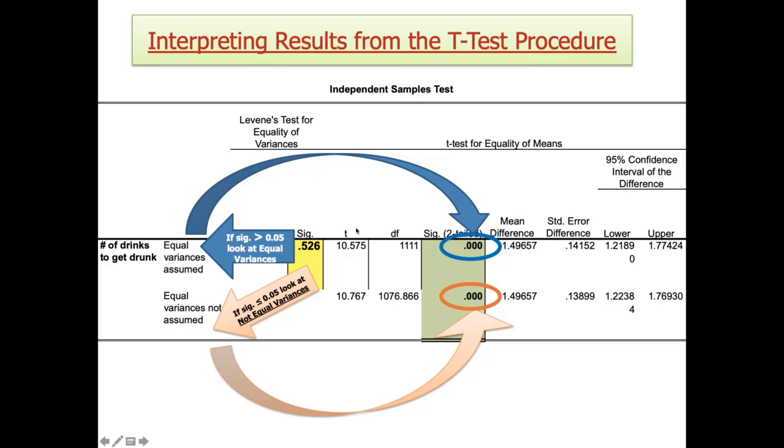Just the t-value and the degrees of freedom are going to give you an area of the normal curve, or if it's not normal because equal variances are not assumed, a significance that is not so much different from each other.